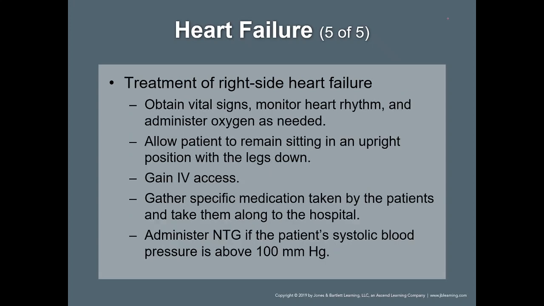Treatment of right-sided heart failure. So, yeah, vital signs, obviously. Monitor heart rhythm, absolutely. Administer oxygen as needed. It's going to be needed. These patients are going to be on a non-rebreather while somebody's setting up the CPAP. Okay, we'll practice with all of those.